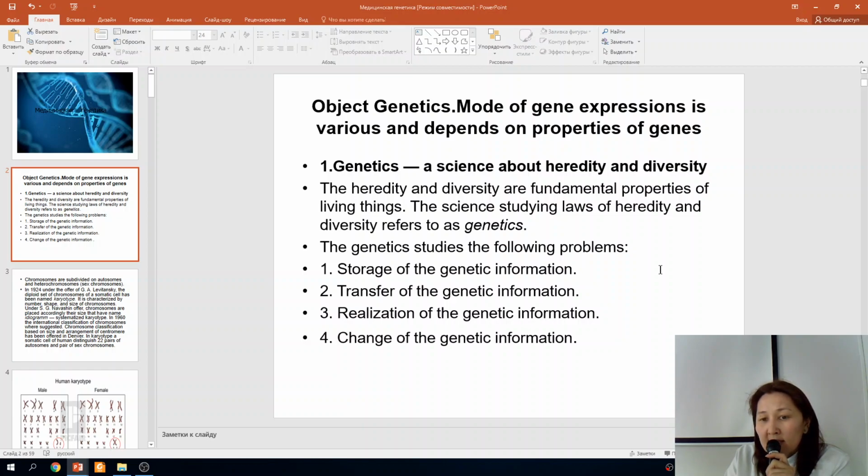The science studying the laws of heredity and diversity is referred to as genetics. Genetics studies the following problems: storage of genetic information, transfer of genetic information, realization of the genetic information, and change of the genetic information.